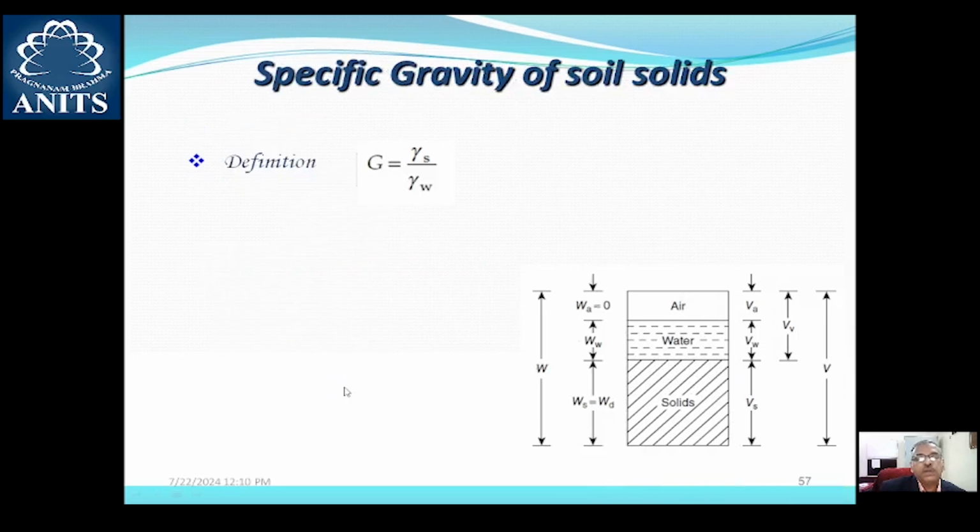It is important to know that the unit weight of water is 9.81 kilonewton per meter cube.